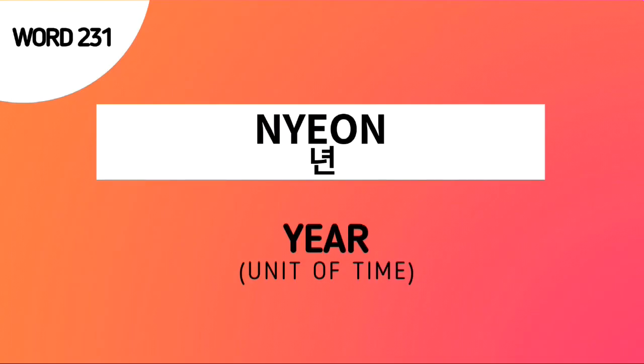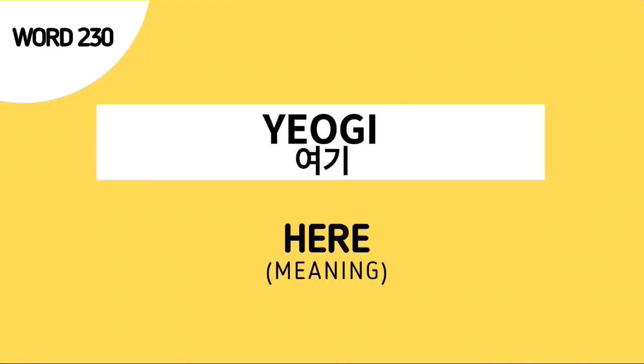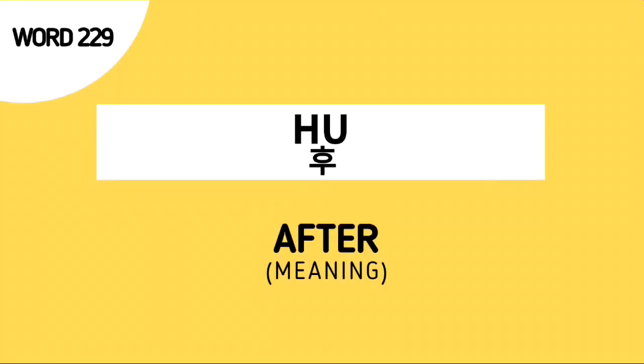Word number 231 is nyeon, which means year. Word number 230 is yeogi, which means here. Word number 229 is hu, which means after.